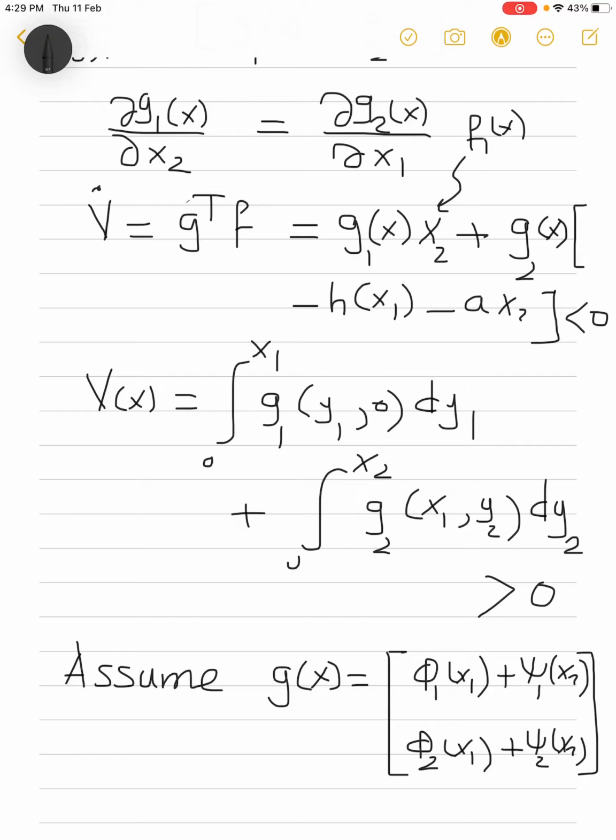So this is our assumption here. Now we can then take into consideration the symmetry property of the Jacobian. So the partial derivative of g1 with respect to x2 should be equal to the partial derivative of g2 with respect to x1. So we'll do that.